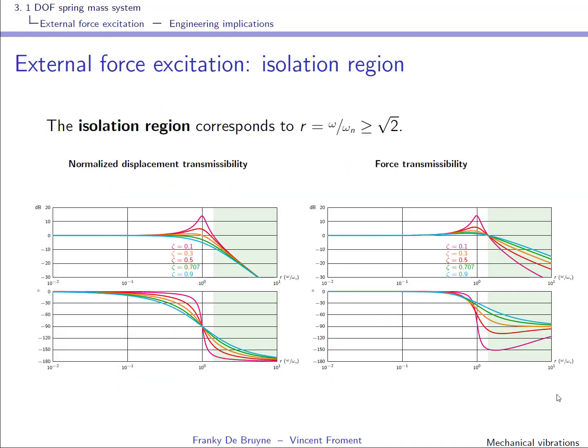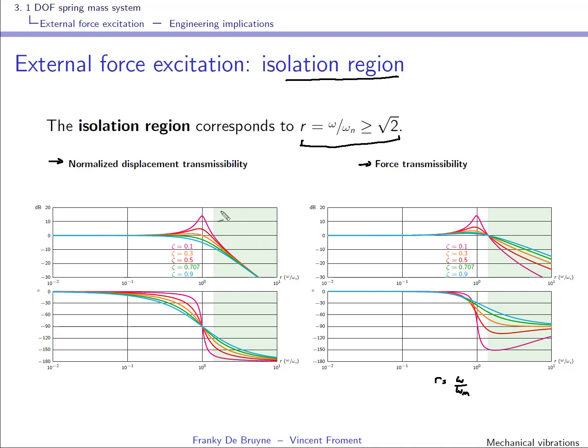Well, in this slide here I show you the normalized displacement transmissibility that we've seen before, and the force transmissibility. Okay, and it's as a function of r here, and r is omega over omega n. And what you see here is that if you use r larger than square root of 2, well, you're in the so-called isolation region.